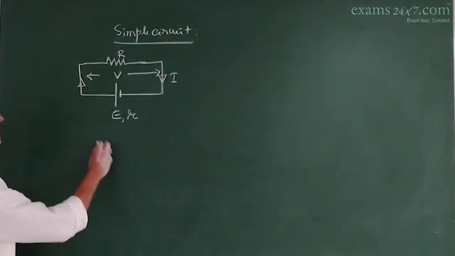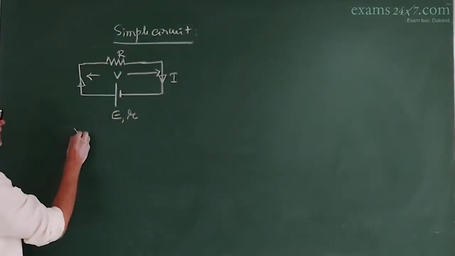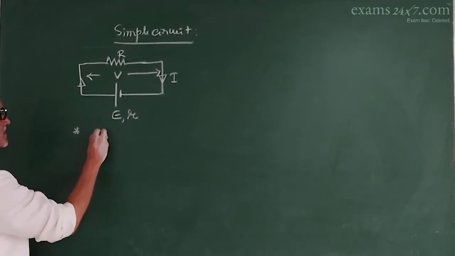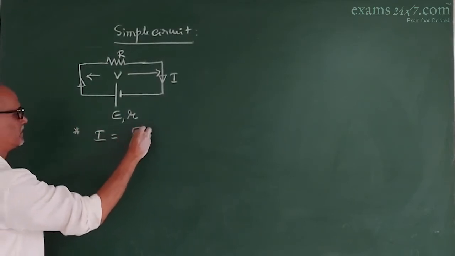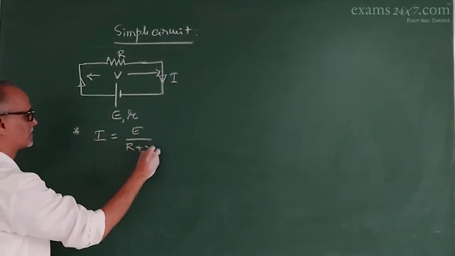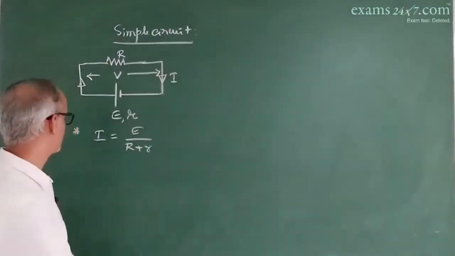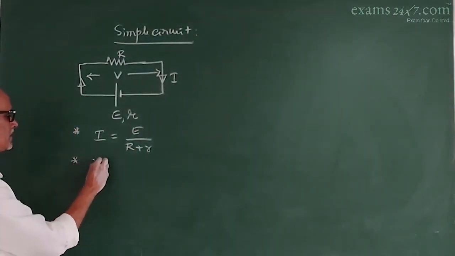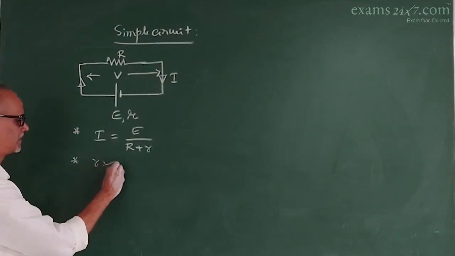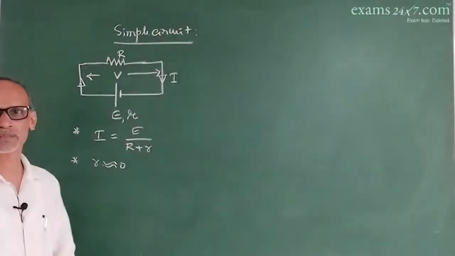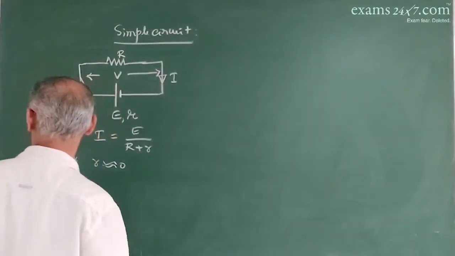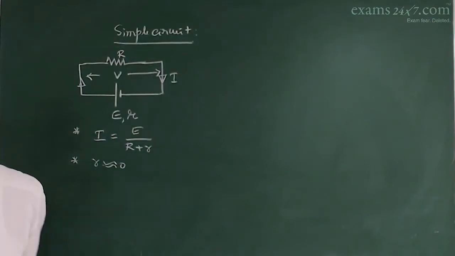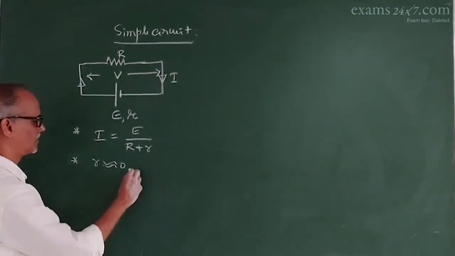Now, first, what is the current through such a circuit? The current through such a circuit is given by I is equal to E by R plus r. And if the internal resistance is negligible, we specify in the statement a cell of negligible internal resistance. In that case, we take r as 0.